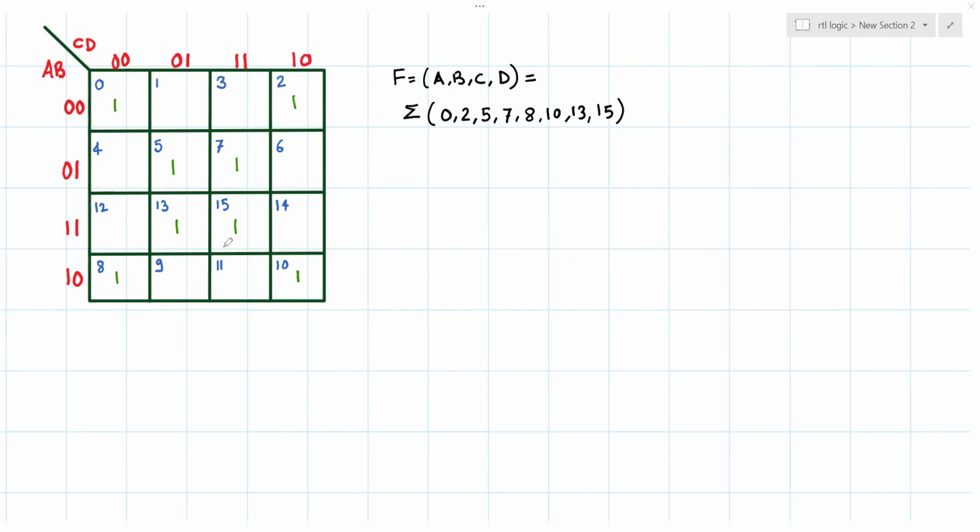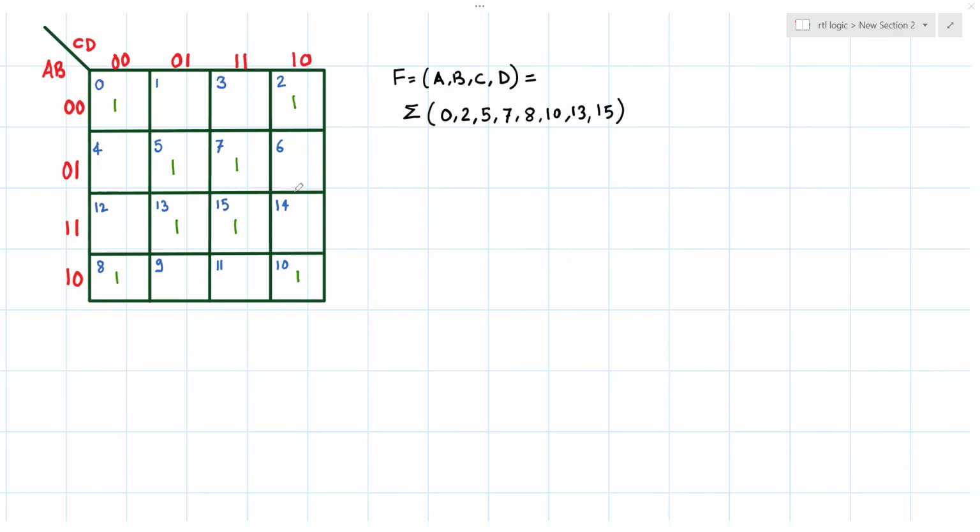So remember, first we saw how the rows and columns are arranged for the four variable map, and then all cell numbers in decimal are shown in blue. For example, if you want to understand why 12 is here, 12 in decimal is represented as 1100 in binary. You can also organize a truth table for this.